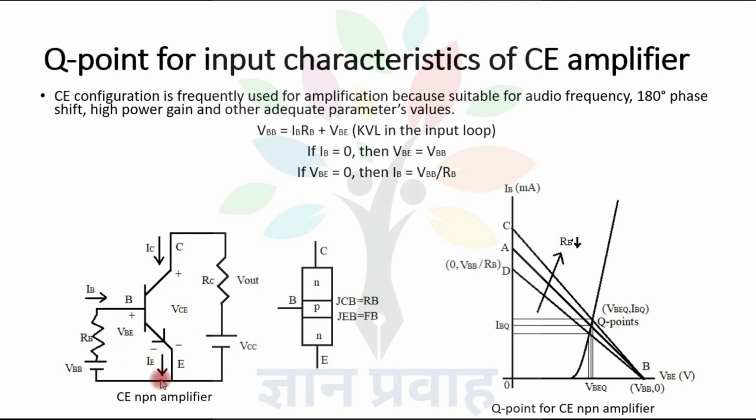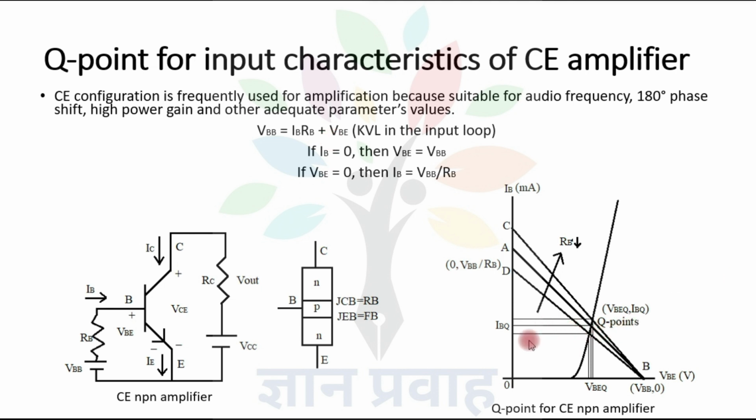Here we are simply applying Kirchhoff's voltage law in the input side or input loop, because we are finding the Q point for input characteristic. By applying the KVL equation in this loop, VBB equals IB RB plus VBE. That is the KVL equation for the input loop.